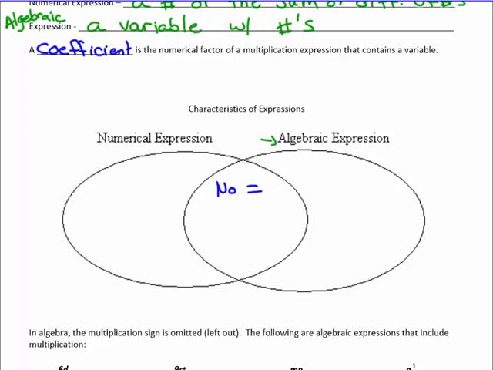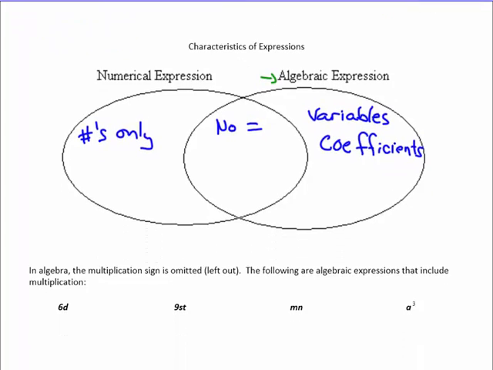An algebraic one is going to have variables and coefficients. Numerical expressions are going to have numbers only. You might come up with some more as we go through these, and we can always go back and add in if you want.